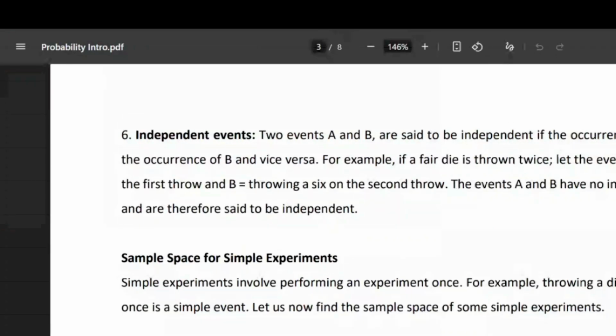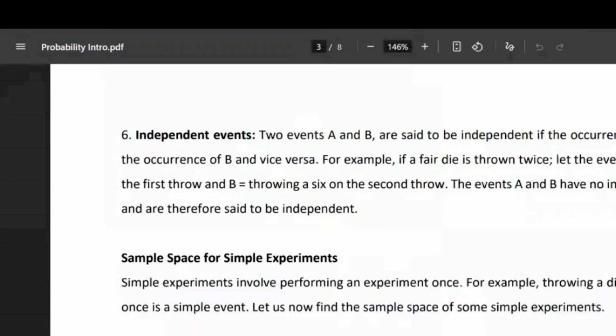What is the probability of selecting a blue ball? The blue are 2. So if you have to find the probability of selecting a blue ball, that will be 2/5 because there are 2 blue balls out of 5 balls. So the probability of selecting a blue ball is 2 out of 5.